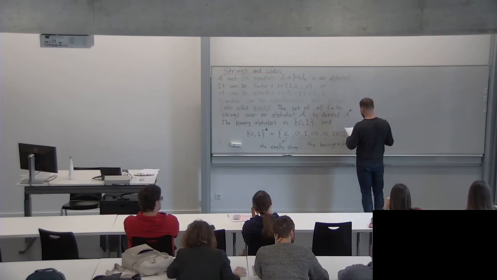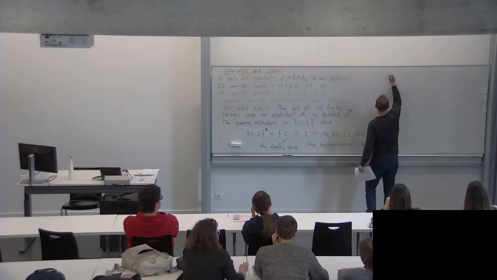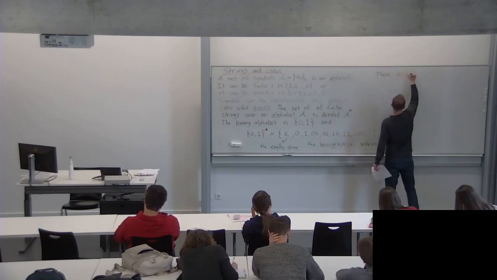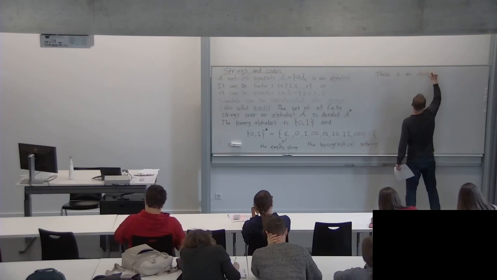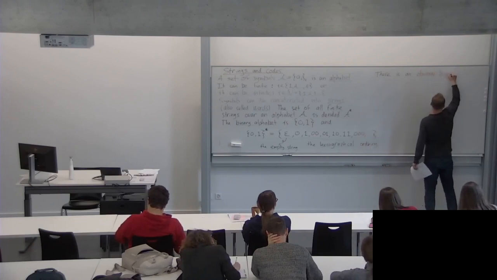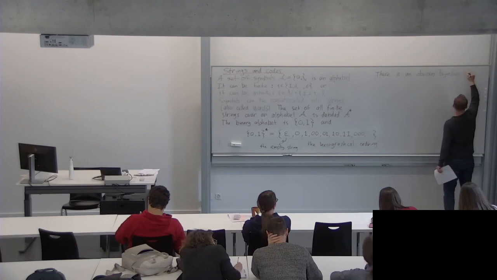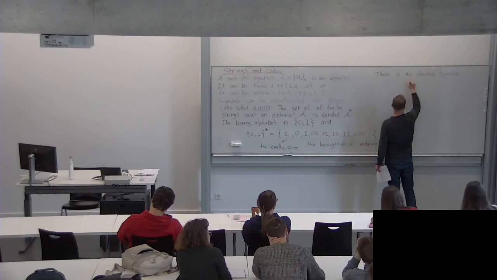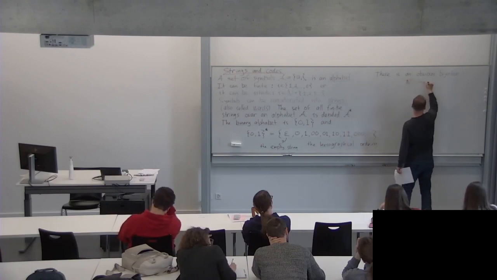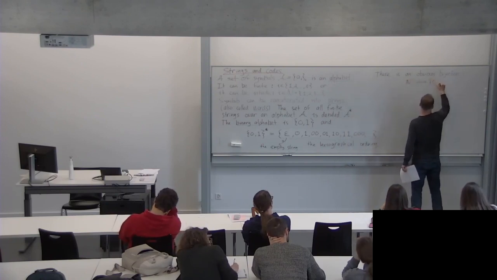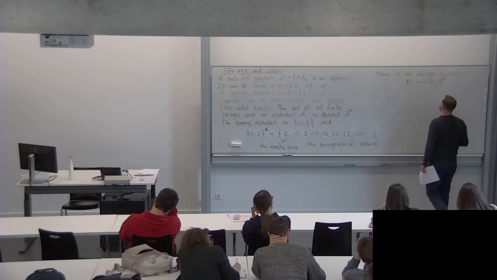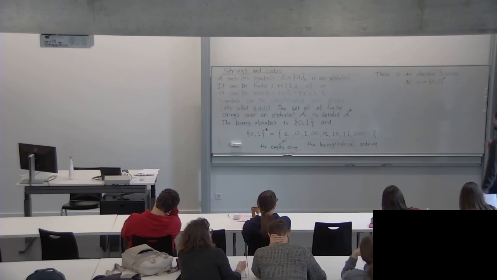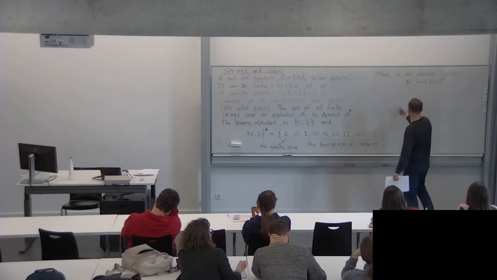The following pair, there is an obvious bijection between the natural numbers and {0,1}*, instead of all finite binary strings. It's like if I would count them.